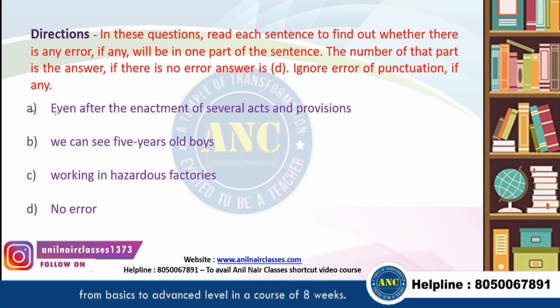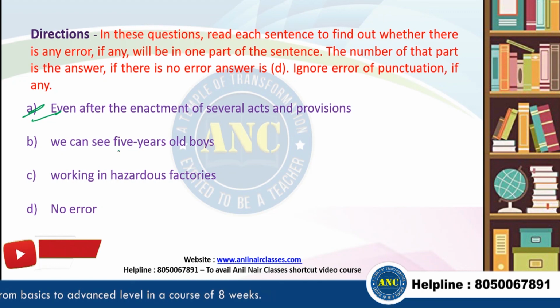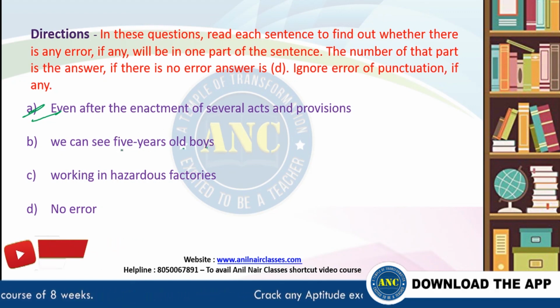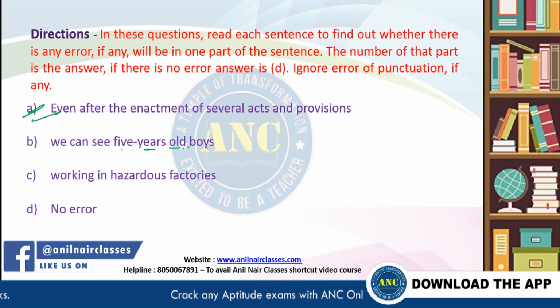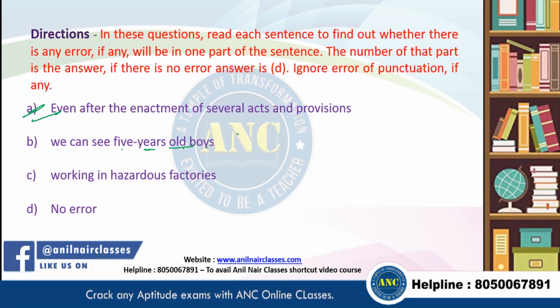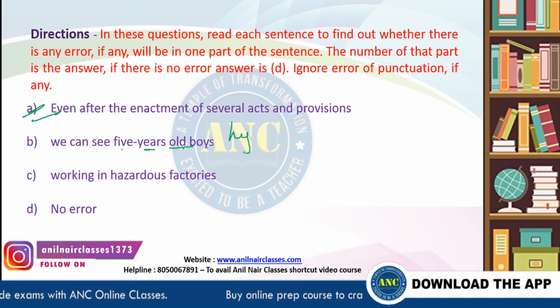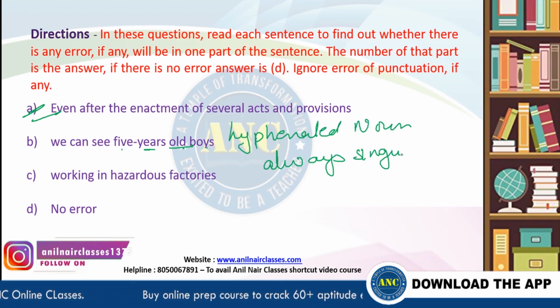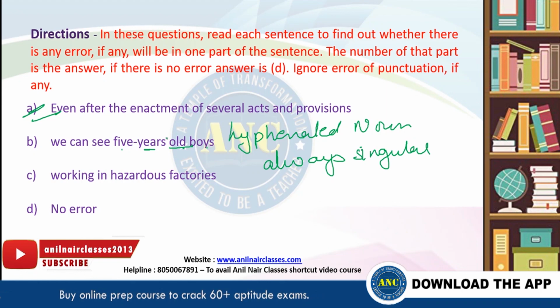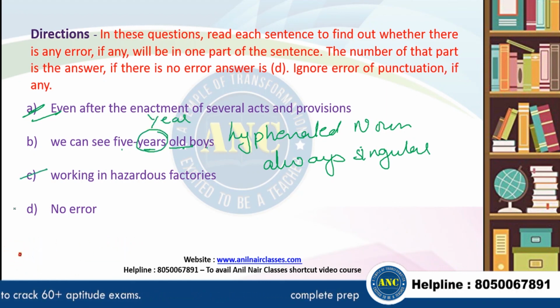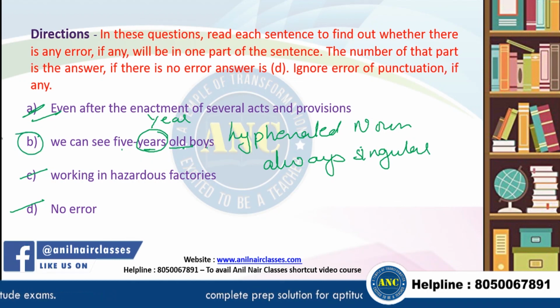We can get rid of A. Now we can see 5 years old. Here 5 is the numeral, then we have the unit and then the boy. I told you this unit should always be in the singular form. Hyphenated nouns, singular. So years is wrong, it should be year. We can get rid of C and D, B is the right answer.